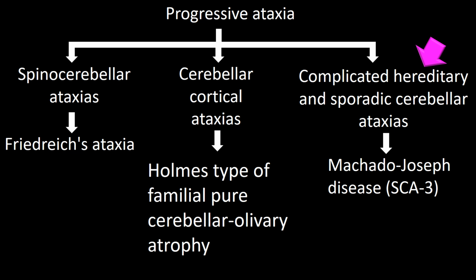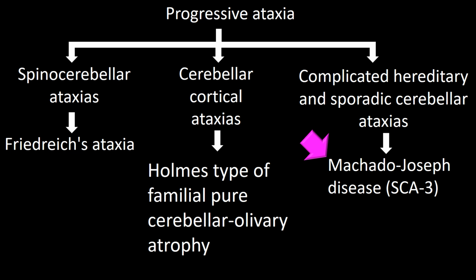We could consider this group as a wastebasket or a holding bucket where ataxias not currently classified as spinocerebellar ataxia or cerebellar cortical ataxia are listed. Many diseases originally in this group, as the one we're about to describe, are now considered spinocerebellar ataxia, yet for historical reasons they are still lumped in this group.